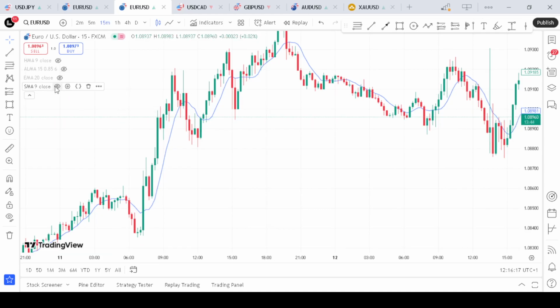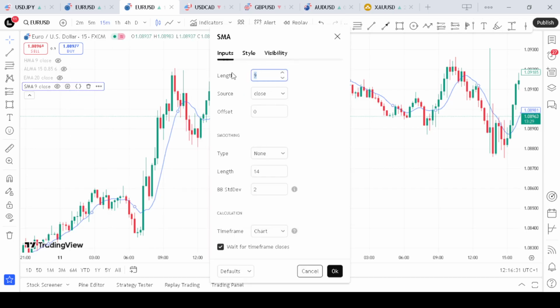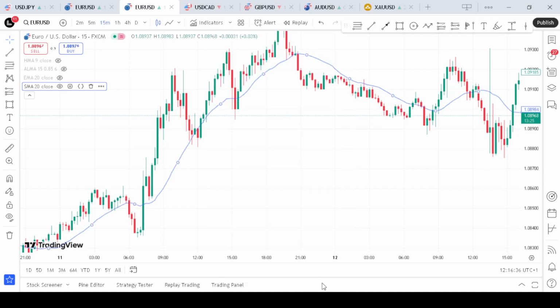So this is the SMA that I turned on my chart. The SMA smoothens out price fluctuations, providing a clearer view. For example, if we are using the 20 SMA, it adds up the closing price of the last 20 days.